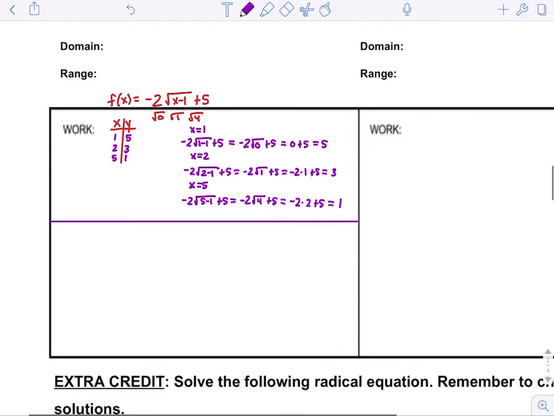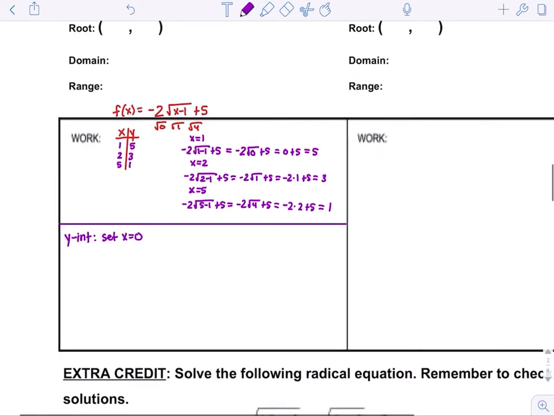Now, let's find your y-intercept. So your y-intercept is when you set x equal to 0. So that means you just substitute 0 in for x, and then you just solve. So f of 0 is equal to negative 2 square root of 0 minus 1 plus 5. Negative 2 square root of negative 1 plus 5.